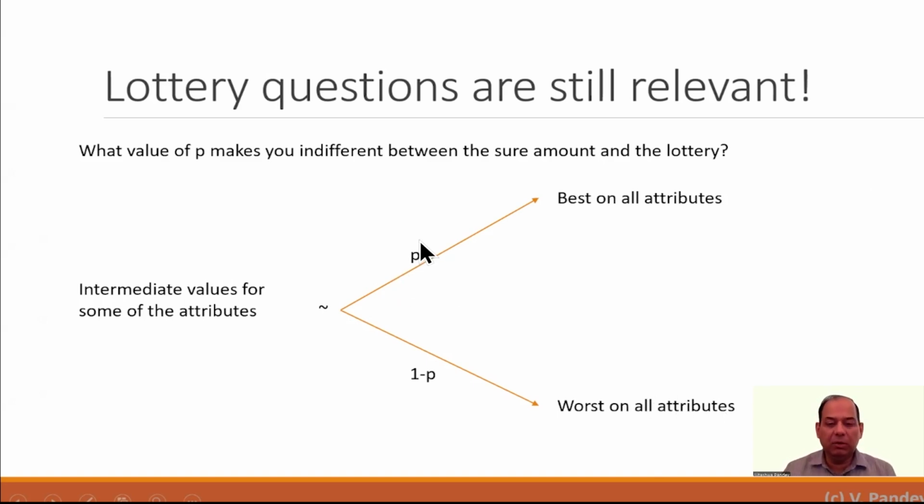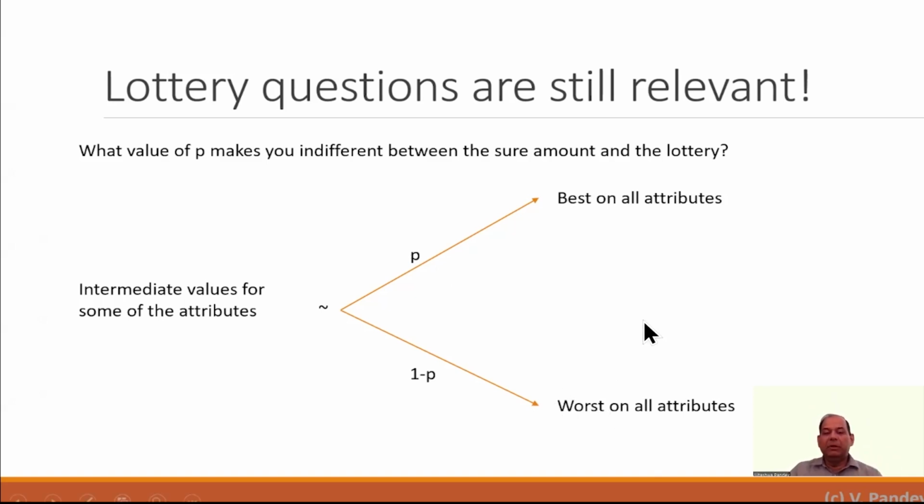That still holds. So the only generalization we do is that as opposed to saying best on the attribute, we say best on all attributes. And here we say worst on all attributes. Now, this is not globally worst on all attributes. This is just in the ranges of negotiability. So for each attribute, you'll have a range of negotiability, worst and best levels.